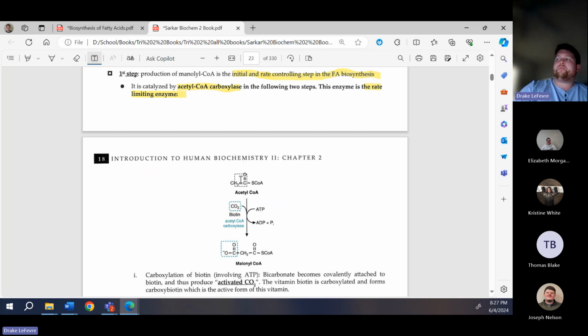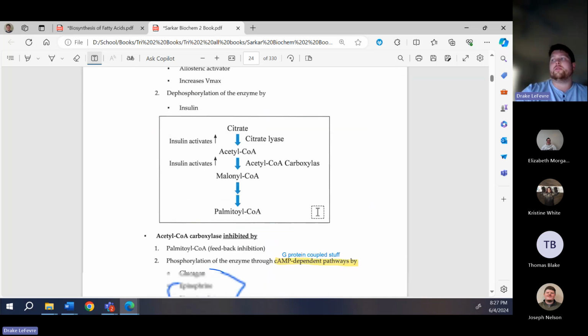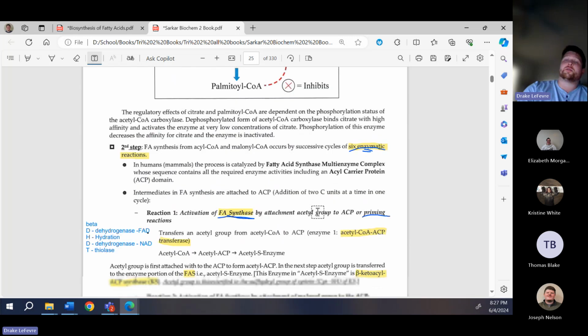We start with it, but then we turn it into other stuff in order to fit it into the puzzle pieces to throw it into the elongation of the actual fatty acid.